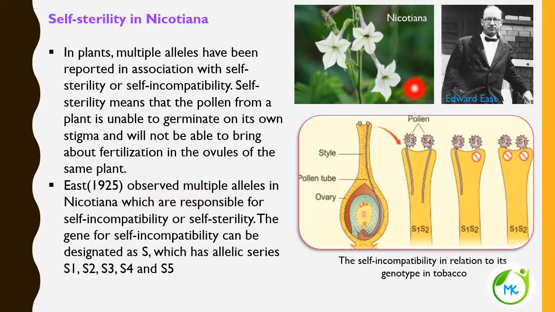Who observed this self-sterility? It was observed by Edward East in 1925, in Nicotiana. The genes for self-incompatibility in Nicotiana are designated as S, and S has different allelic series like S1, S2, S3, S4 and S5.